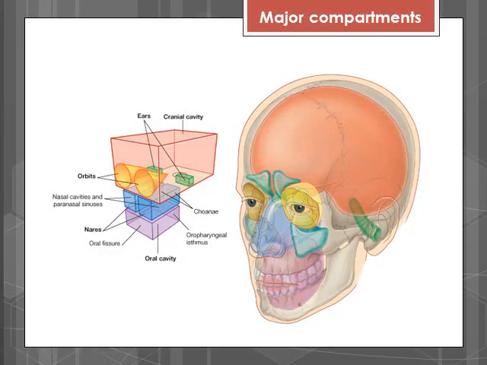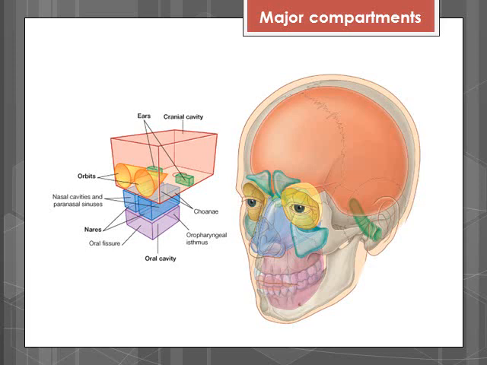This label illustrates the major compartments of the head, which are the cranial cavity, which appears as a pink box, two green boxes that represent the air cavities, two yellow cones that represent the two orbits, two blue boxes that represent the two nasal cavities, and lastly the purple box, which represents the oral cavity.